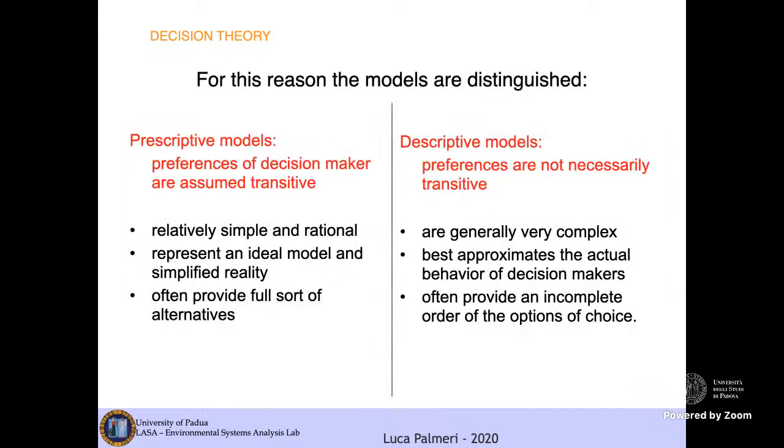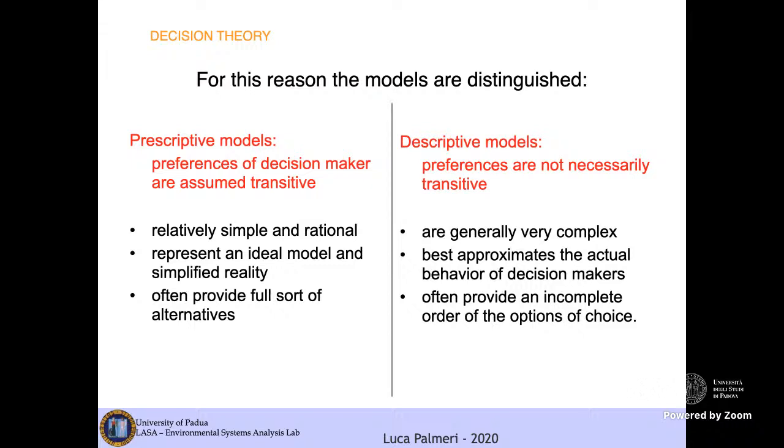For this reason, the models are distinguished into prescriptive models, in which the preferences of the decision maker are assumed to be transitive, so complete ordering, relatively simple and rational, representing an ideal model and a simplified reality, often providing a full sorting of alternatives, so a complete ordering or a complete ranking of alternatives. Or we may use descriptive models in which preferences are not necessarily transitive.